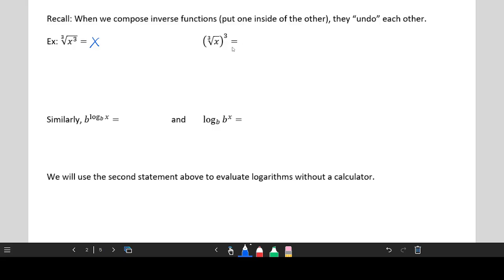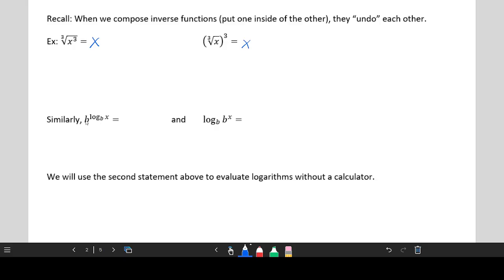And we can compose them in the other direction as well. So we can start with cube root of x and then cube that, and still they will undo each other and we're just left with x. It's like if you start with 2 and you cube it, you get 8, and then you take the cube root, you get 2 back again, and vice versa over here.